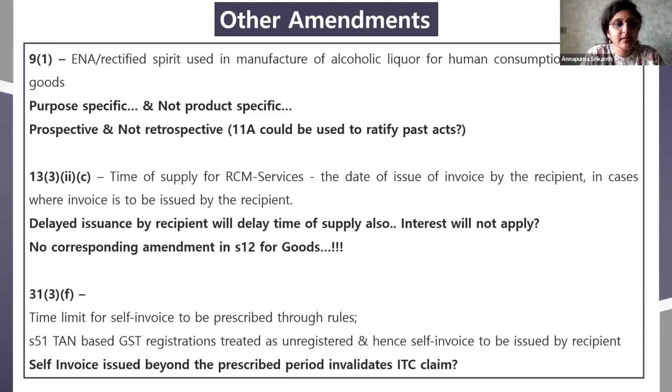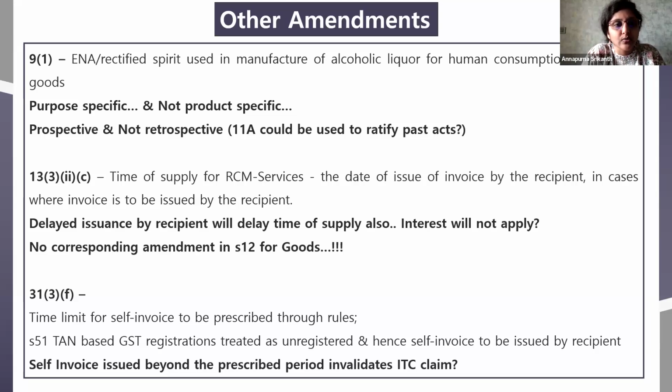Now, firstly, the levy provision itself is proposed to be amended, wherein the ENA or the rectified spirit used in manufacture of alcoholic liquor for human consumption is to be treated as non-leviable to GST. Of course, this is not only product specific, it is purpose specific also.